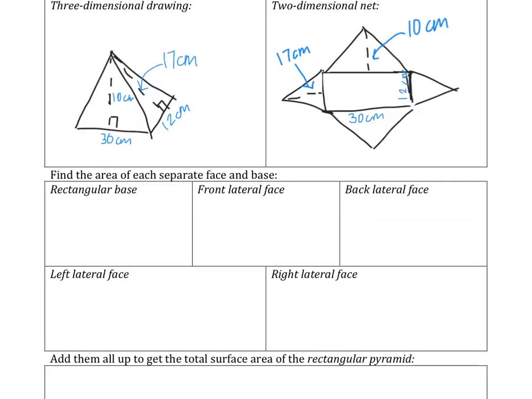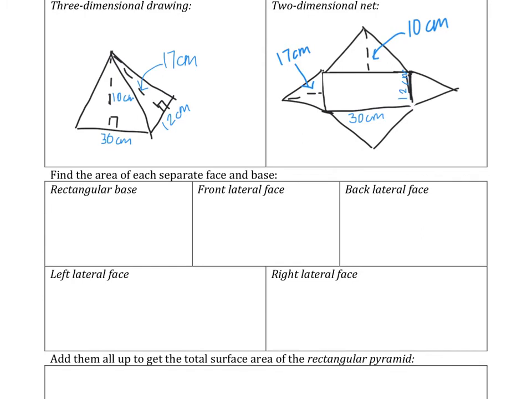So let's go ahead and do that. Let's find the area of each separate face and base. The first thing we're going to want to find is the rectangular base, which is right here. That's going to be our length times our width.